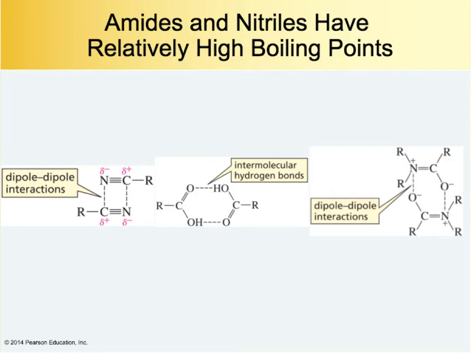The resonance structure for an amide is much more significant than for a carboxylic acid or an ester because nitrogen is less electronegative, so it's more likely to donate its lone pair in resonance. You're going to see a lot more of that. Amides particularly have really high boiling points, and we're made up of amides, so that makes sense. We don't boil very easily. We have strong intermolecular interactions, so that's a good thing.